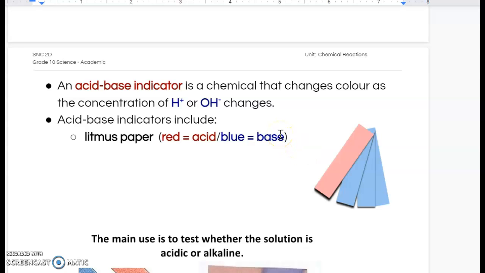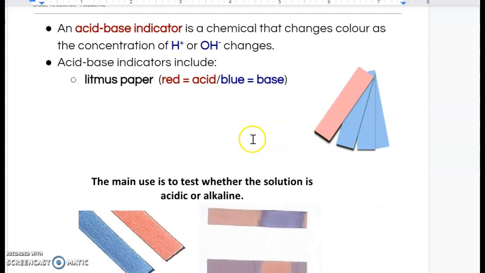We have these things called acid-base indicators, such as litmus paper. An acid-base indicator is a chemical that changes color based on the concentration of hydrogen ions or hydroxide ions. It changes red with acid, so lots of hydrogen changes it red, or lots of hydroxide changes it blue.